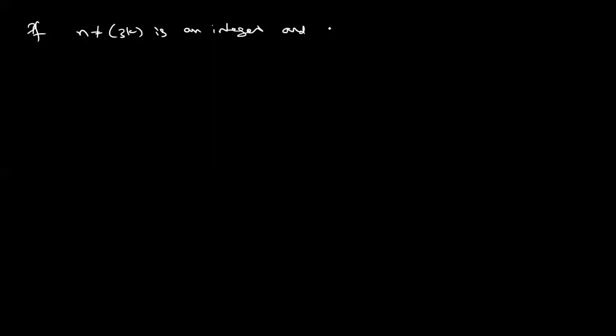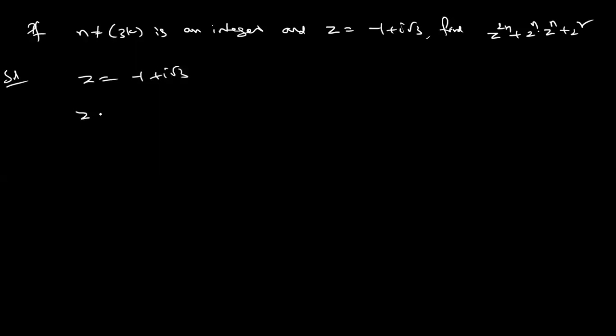And z is what? Minus 1 plus i root 3. Find z power 2n plus 2 power n into (z power n plus 2) square. What is the condition? Z is equal to minus 1 plus i root 3 means here z is equal to 2 into 2 omega.